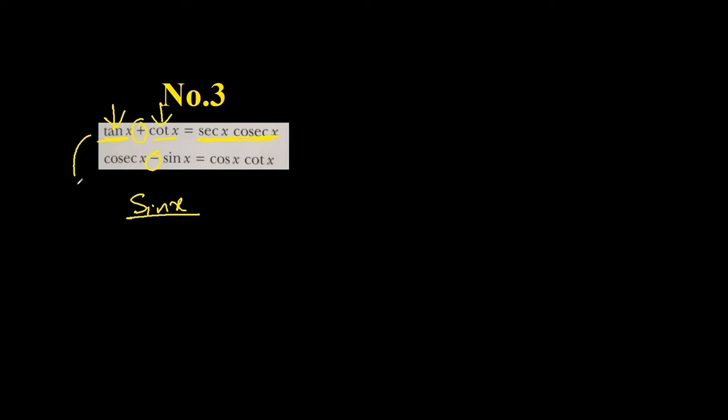So if I look at the first one, tan x is sine x over cos x and cot x is cos x over sine x. Now I can merge them by finding their LCM.